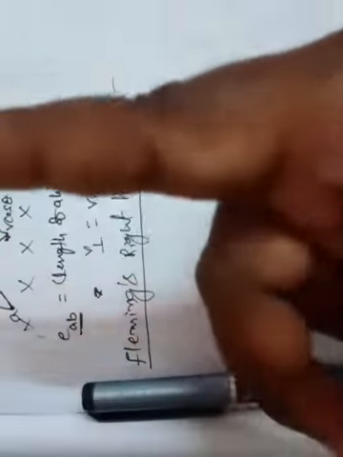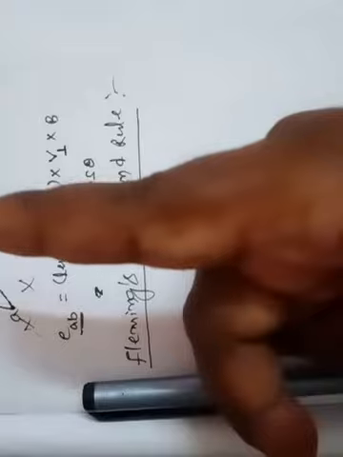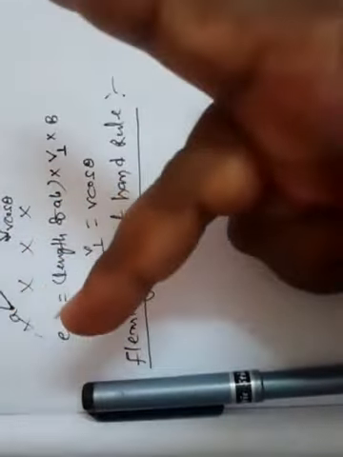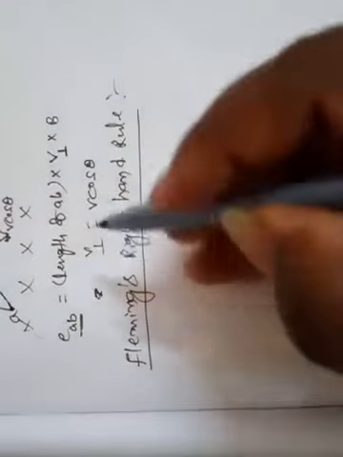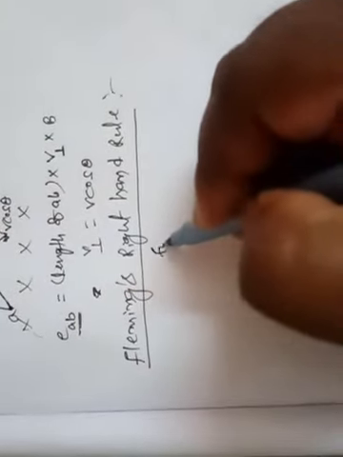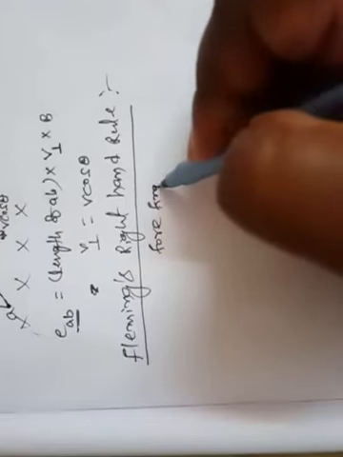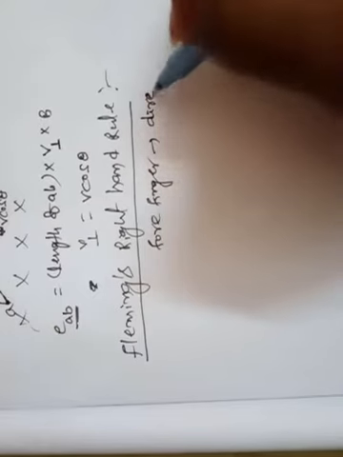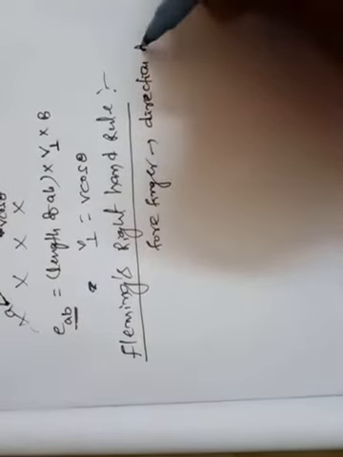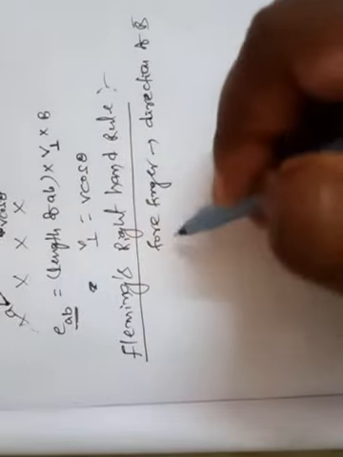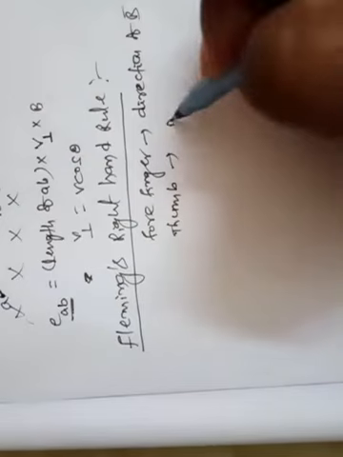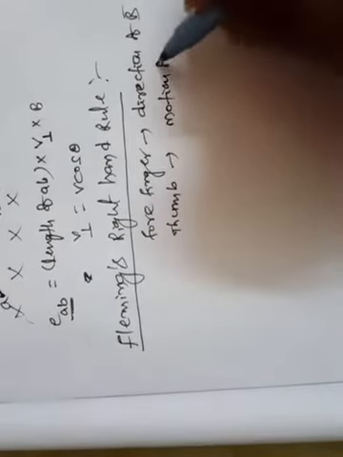So here the three fingers, what do they indicate? The forefinger represents the direction of the magnetic field, the thumb indicates the motion of the conductor, and the central finger represents the direction of induced current. Here I will just write the names. Forefinger represents direction of magnetic field, and thumb indicates motion of conductor.